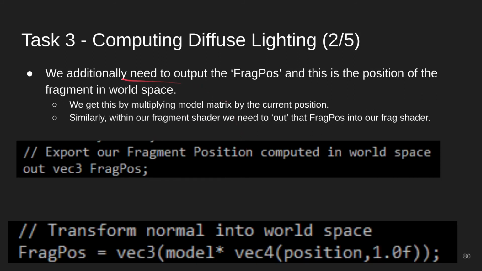And then additionally, we need to output the fragment position. I wrote a little bit on the lab about this, and it might be a little bit of a weird thing, but from our actual vertex shader, we need to output the fragment positions as well. This is because we might have rotated an object in some way, so we need to send that information to our fragment shader to say, hey, this shape is actually rotated 90 degrees, so we want to make sure all the normals are pointing in the right direction.